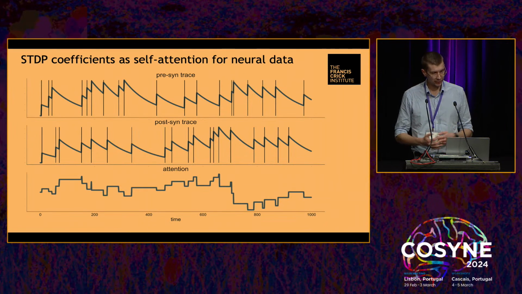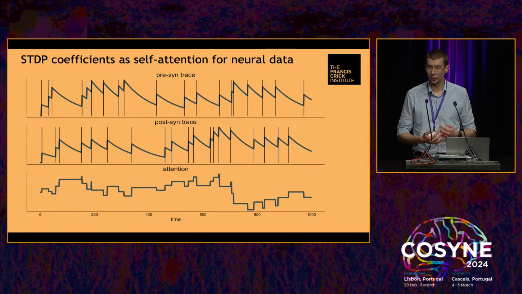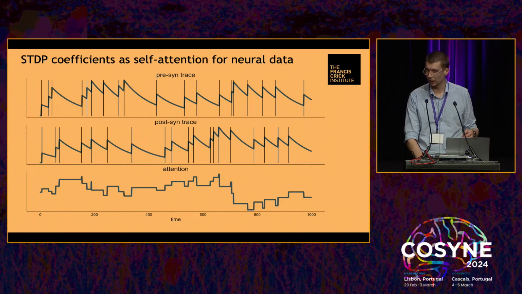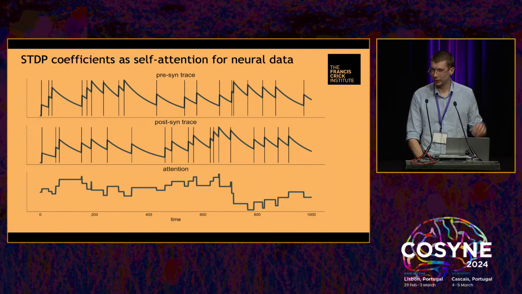The idea is to take all the neurons in your recording and to postulate a possible synapse between all of them. And so here you now have a presynaptic neuron at the top, a postsynaptic neuron below. For each spike, you compute some trace that decays over time in the absence of more spikes.